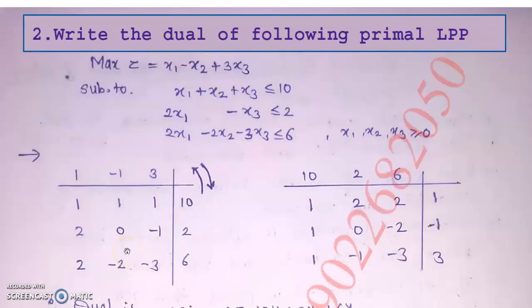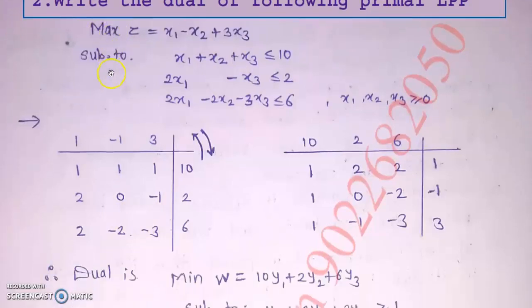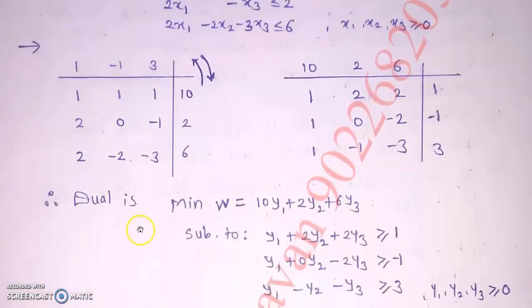Okay, now we write its dual. So the given LPP is of maximization, so the resultant dual is of minimization, W equal to 10y1 plus 2y2 plus 6y3. There are three constraints, that's why three variables are required. Subject to the constraints y1 plus 2y2 plus 2y3 greater than or equal to 1.